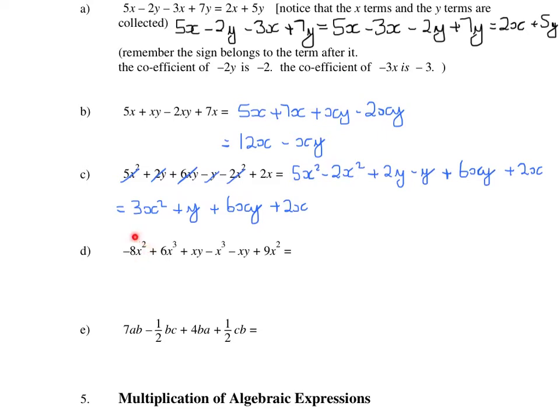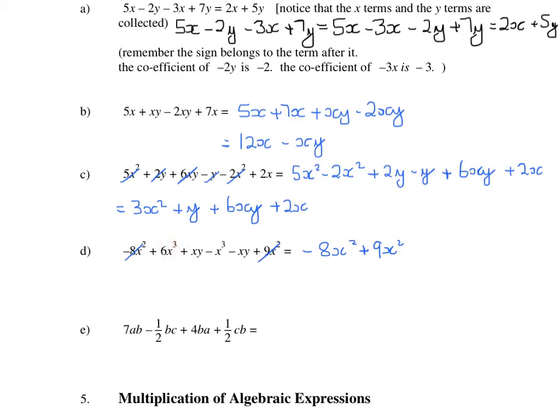We've got an x squared term there. Do we have any other x squared terms? There's one there. Okay, so let's write those in, so gather them up. Negative 8x squared plus 9x squared. I got rid of those two. The next term is 6x cubed.